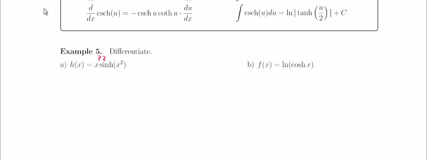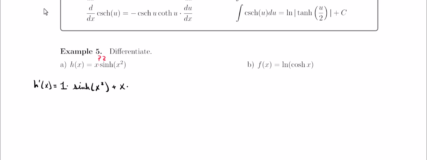So the derivative, h prime of x, is going to be equal to, now since we're using the product rule, it is the derivative of the first function that is multiplying here, so it's d/dx. The derivative of x is 1, times the second function, so sinh of x squared, plus, now it's x times the derivative of the second function, which will also require us to use the chain rule.